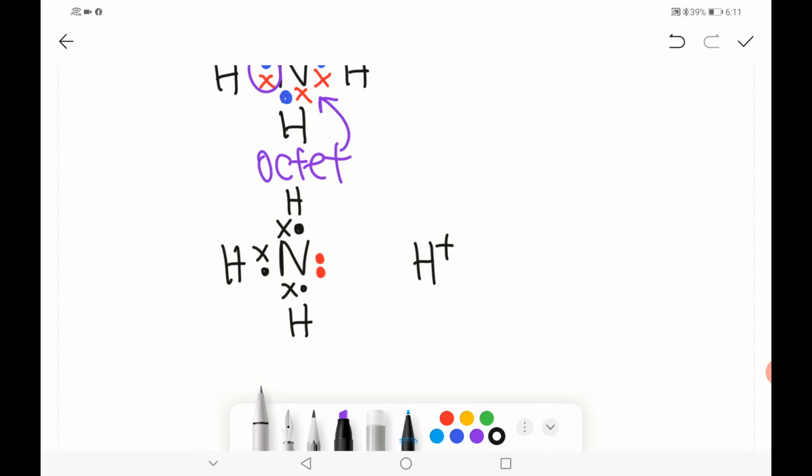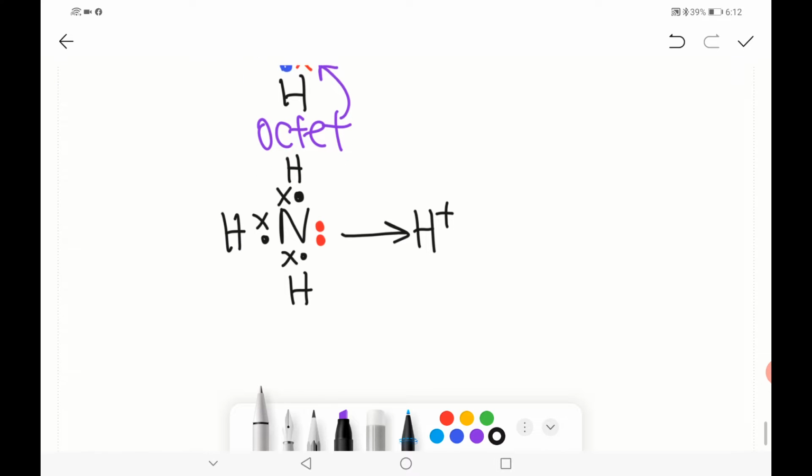So you can imagine this: nitrogen now has 2 electrons, so it is willing to share with the H plus ion, which has 0. So what happens is that this lone pair, nitrogen will give this pair of electrons to the H plus, and they will share together.